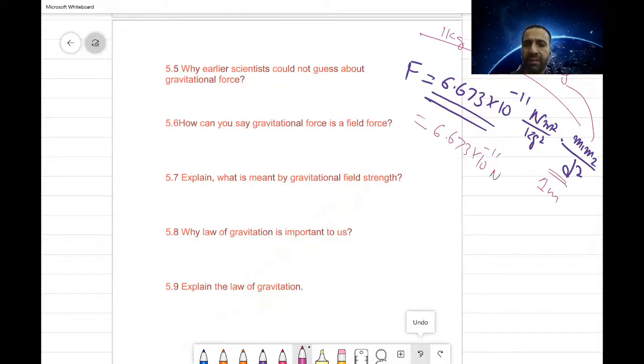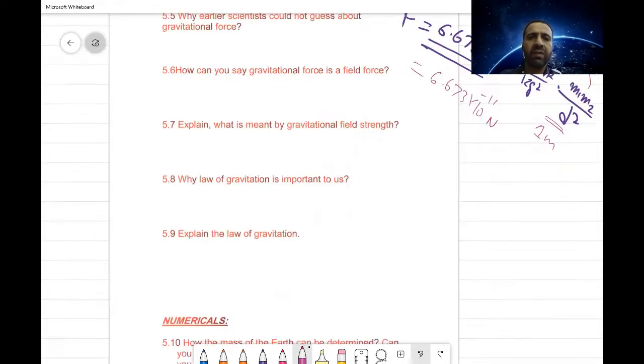So how is this force? Very small, extremely small, unnoticeable. So we cannot notice this. This is one of the reasons that the earlier scientists could not refer to this, and I think they did not give any proper attention to it.